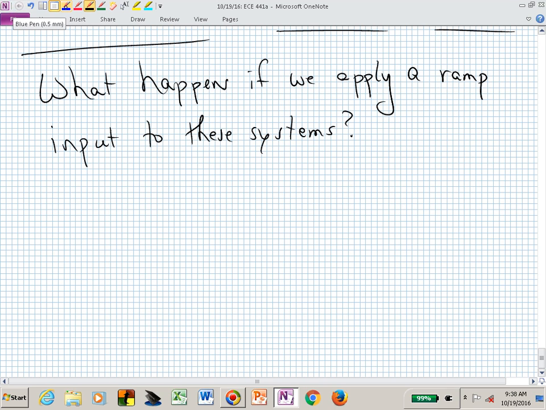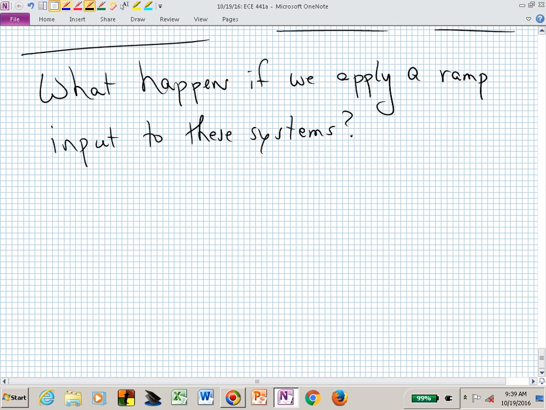What happened when we applied a constant input? With the type 0 system, we had a bounded error, didn't we? With the type 1 system, we had 0 error. Now we want to make the input a little bit more demanding. We want it to be a ramp input. And now we're asking what happens to a type 0 system, to our error signal. Can we track that ramp input?